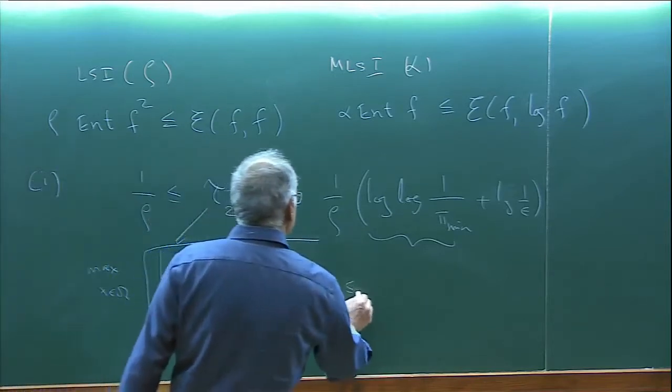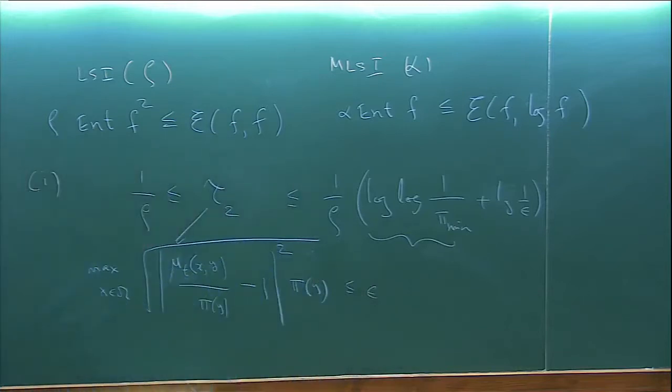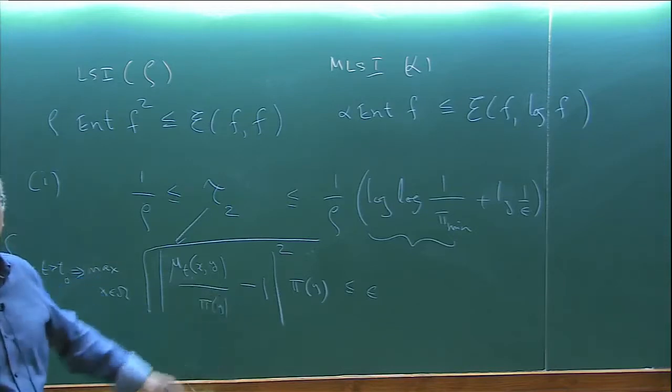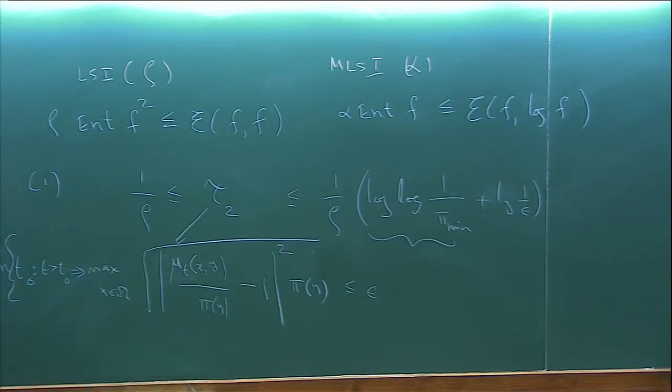You want this to be less than epsilon. So it's the minimum t0 such that t bigger than t0 implies this is less than epsilon. That's what I meant by tau 2 of epsilon.